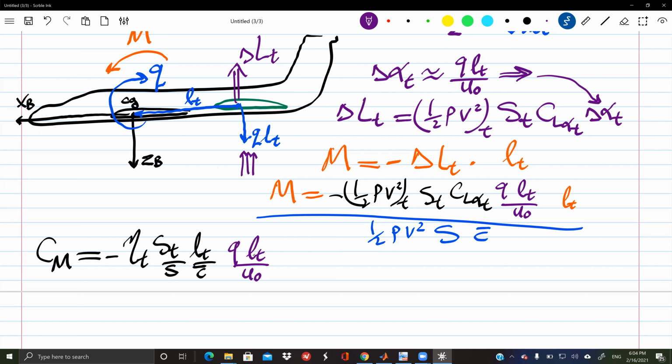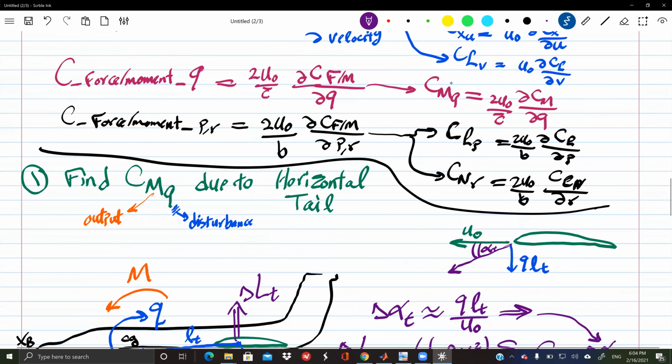Now I need a punchline to finish this derivation. The punchline is in the list of definitions. How do you get CMQ? Well, in your expression for CM, please differentiate with Q. It's always going to be linear in Q, something times Q. So this derivative will be the coefficient of Q. Take it and multiply it by 2U naught over C bar.